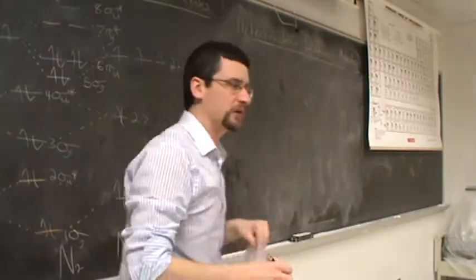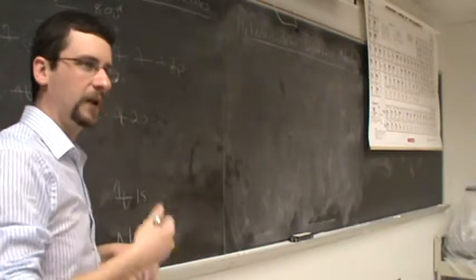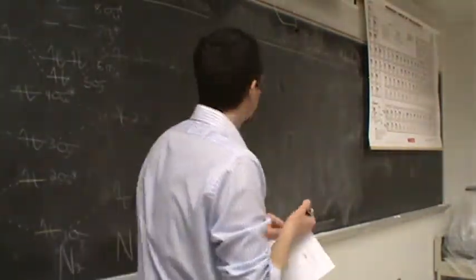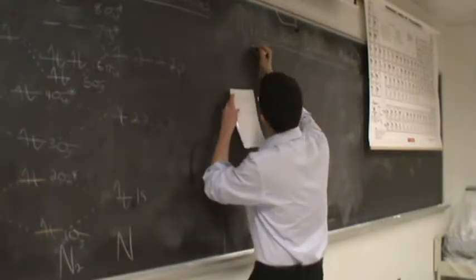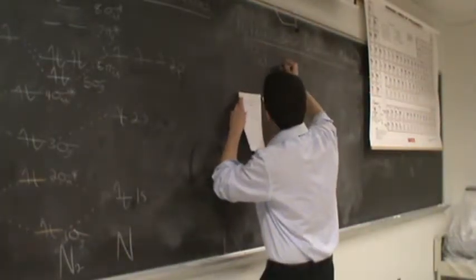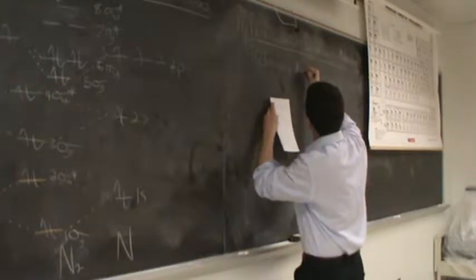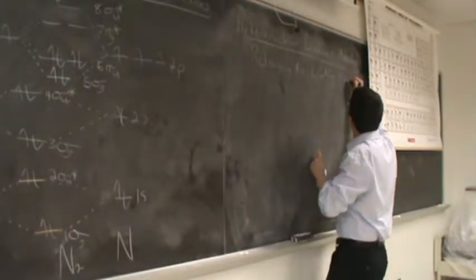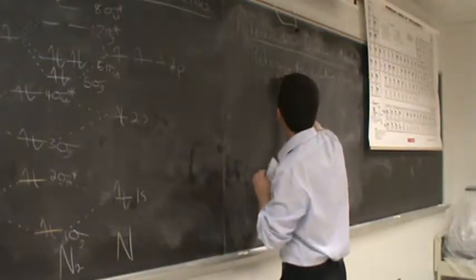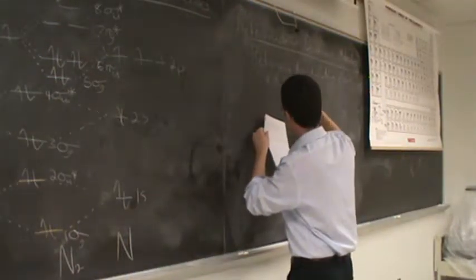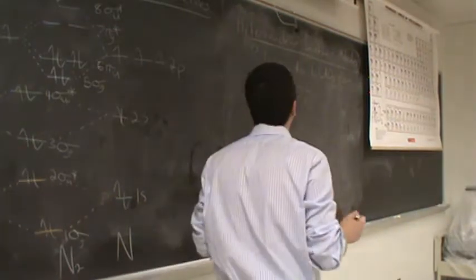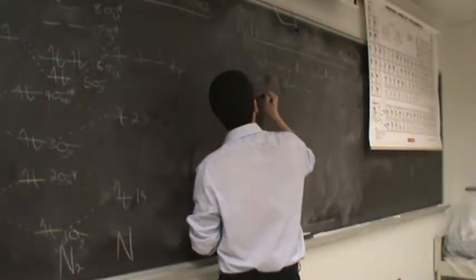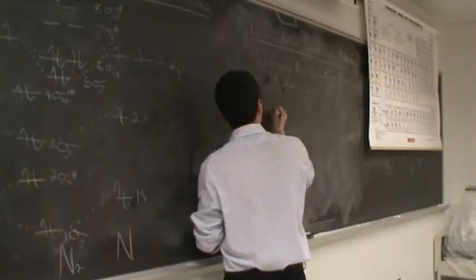Before we get there, we're going to return to the linear combination of atomic orbitals to make an MO. So returning to LCAOs for any diatomic, we got whatever our MO is.